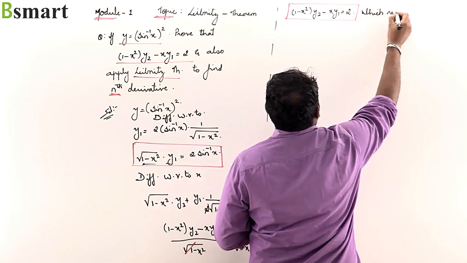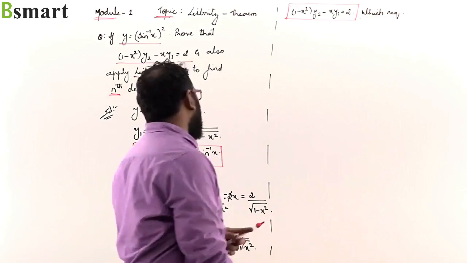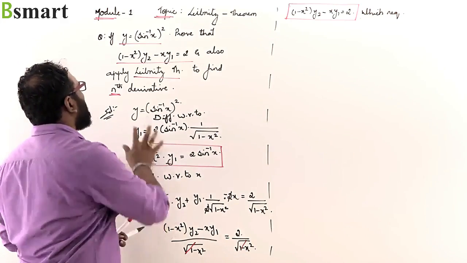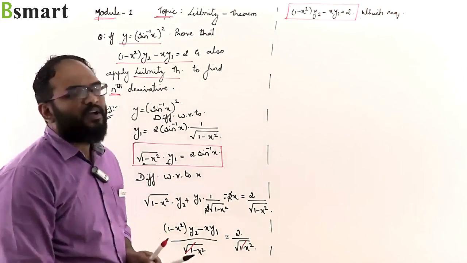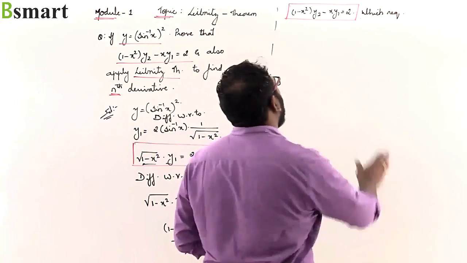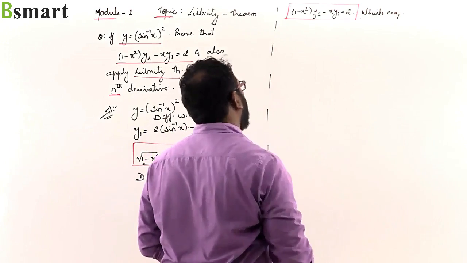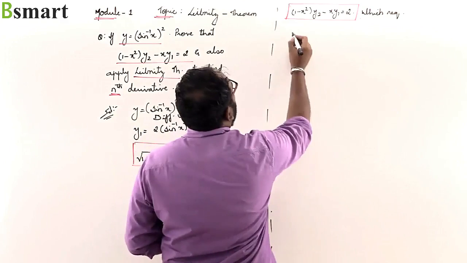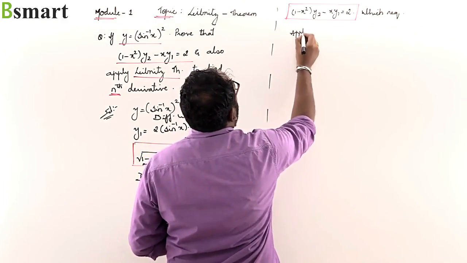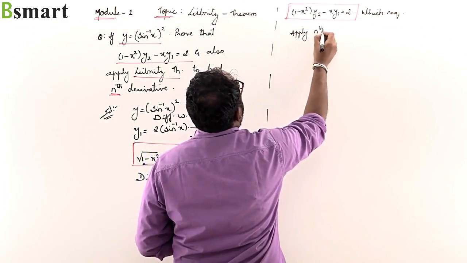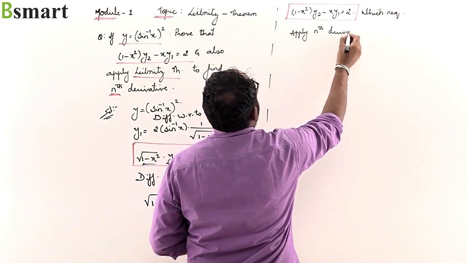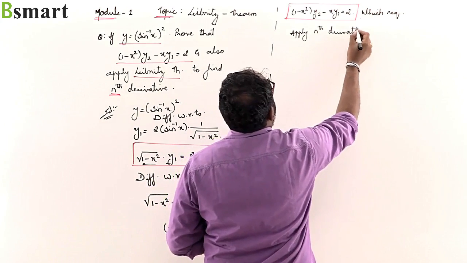Now again he is asking us to find the nth derivative. So what I'll do is apply the nth derivative to this. So if we apply the nth derivative, what do we get?